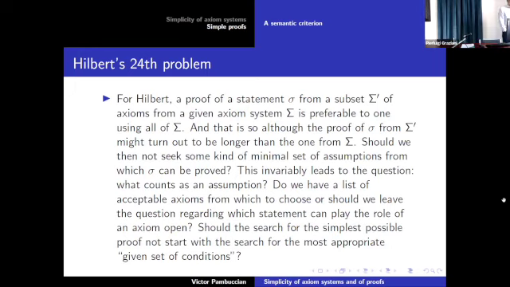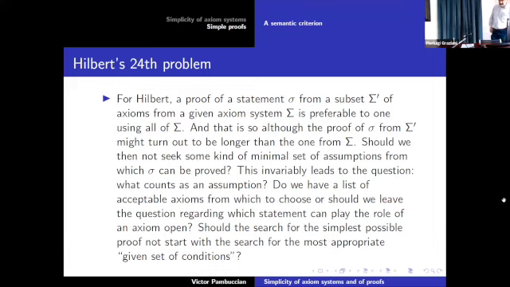And let's see what the kind of problems are. If you have a statement sigma that follows from a subset sigma prime of axioms in a given system sigma, then it's preferable to get it from the subset than from the whole thing.